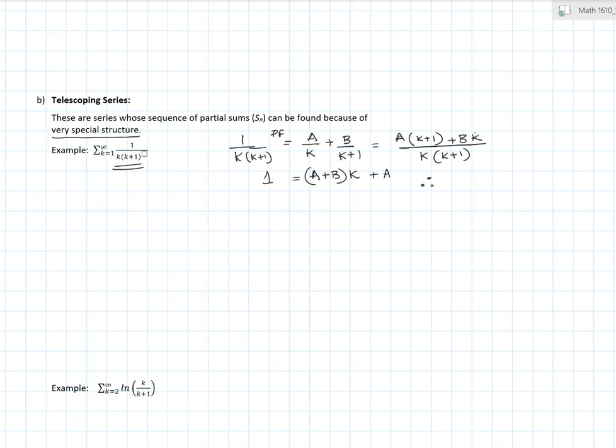So this is very simple. A plus b must be 0 and a must be 1. So this term must be 0 and a is equal to 1. So if I know a is 1, then obviously from here b is negative 1. Okay, so I have split this as 1 over k minus 1 over k plus 1.